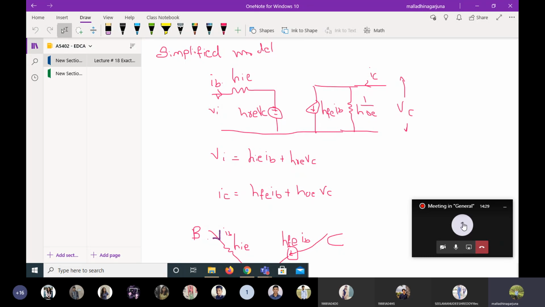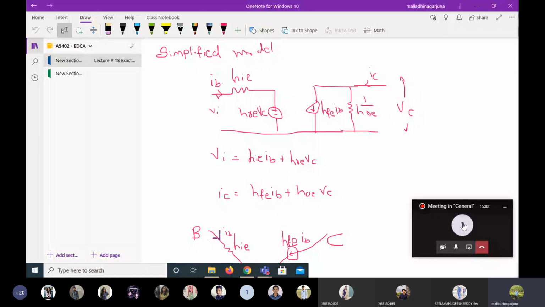Exact analysis is nothing but taking all the components and all the values into consideration, we calculated and derived the current gain, voltage gain, input impedance, and output admittance of the CE amplifier in the last class. Today we are going to take some approximations, which means we are going to eliminate some components which affect the result only by a negligible amount.